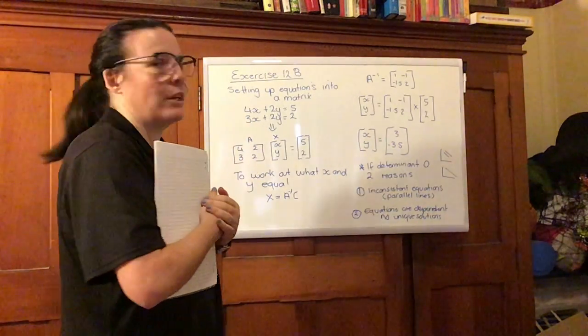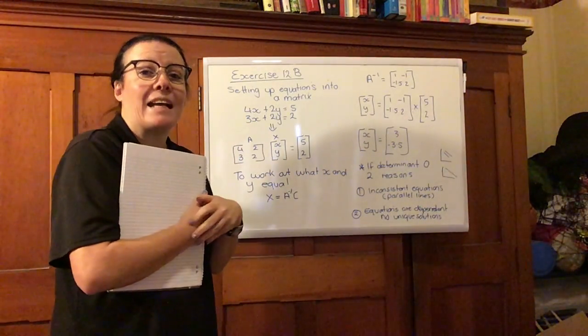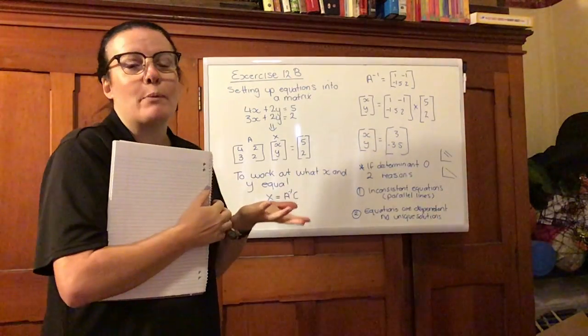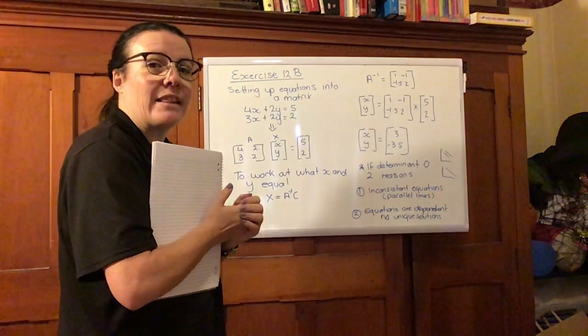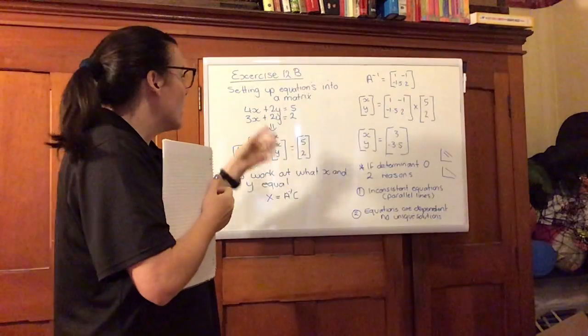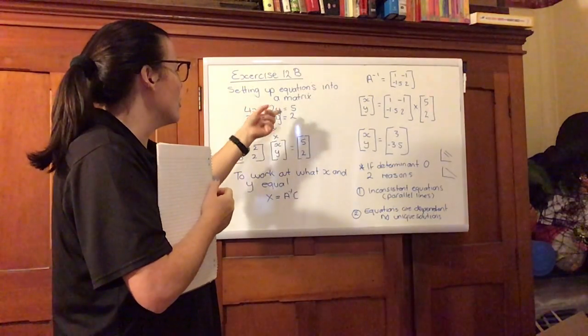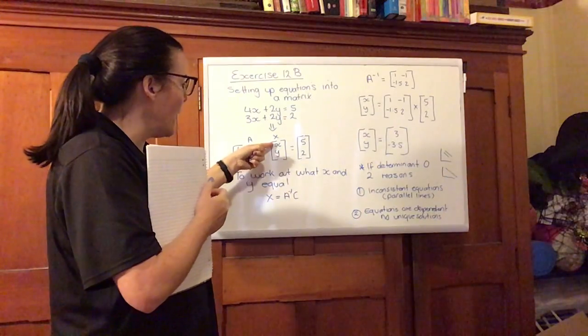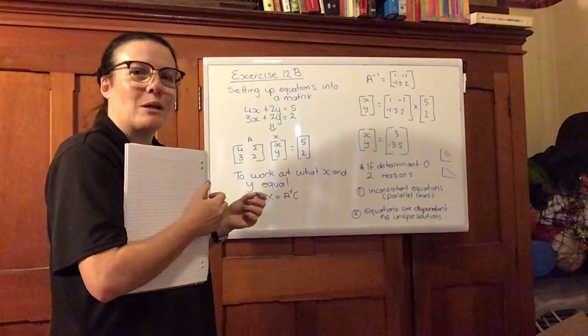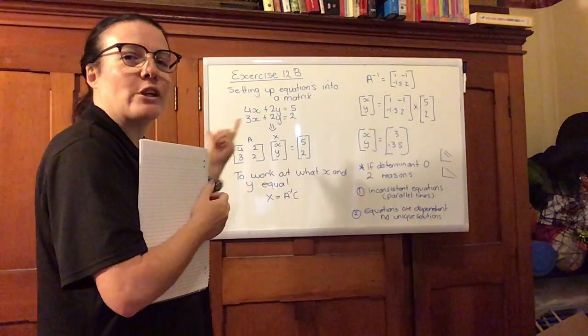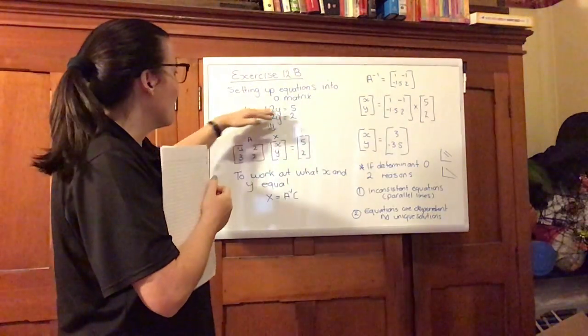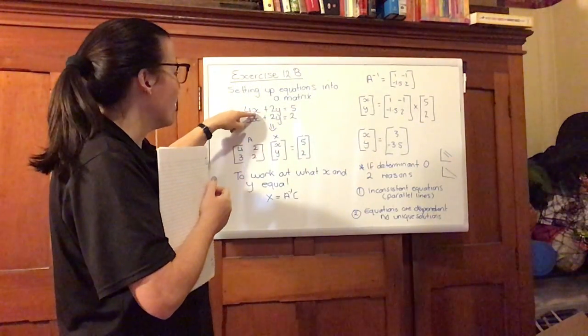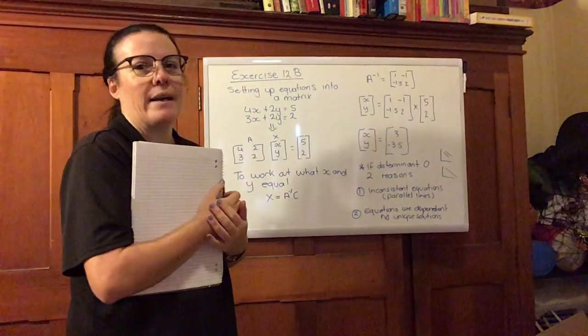The next matrix is the one we call matrix X, and that's where we put the letters that we want to find the answers to. So in this equation, the two letters that we have are x and y, so we put x and y. And it's really important that you put them in the same order that they're written in. So here, x comes first in the equation followed by y.